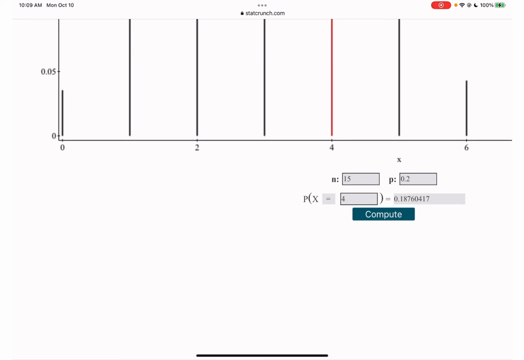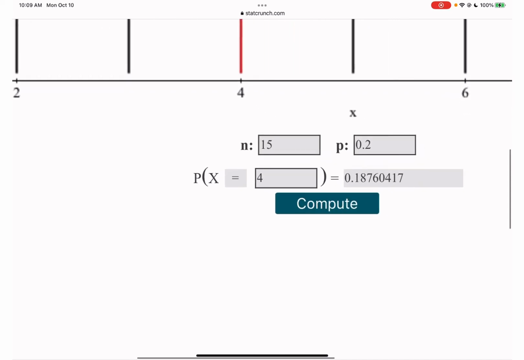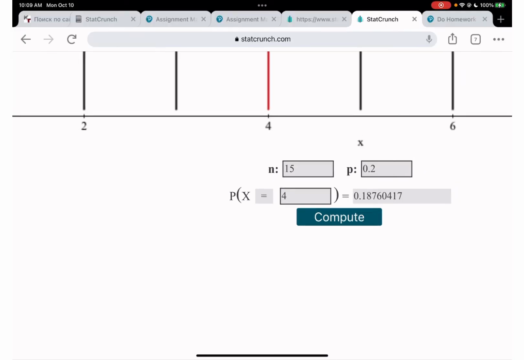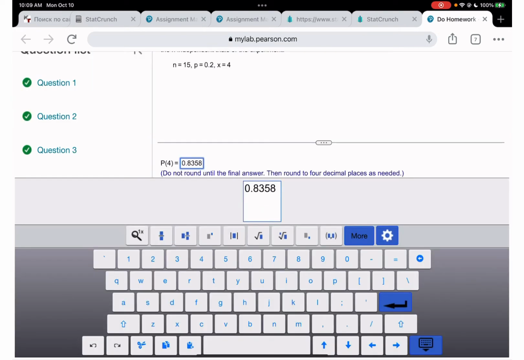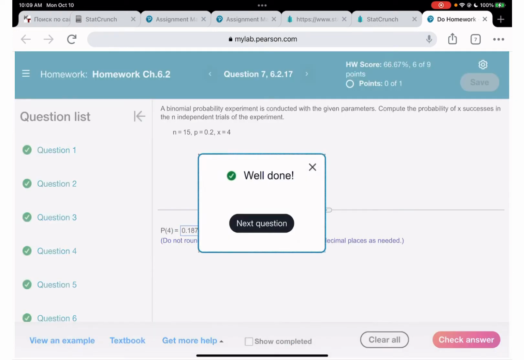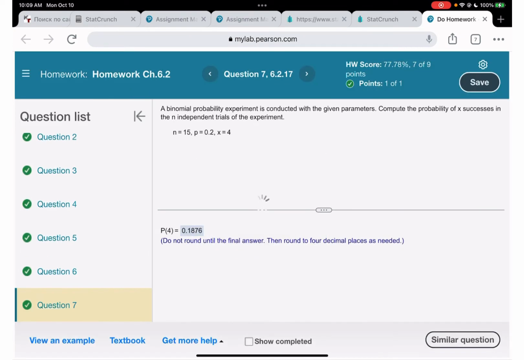It usually goes with equal or less. All right, rounding to 4 digits, 0.1876. There we go. We got it.